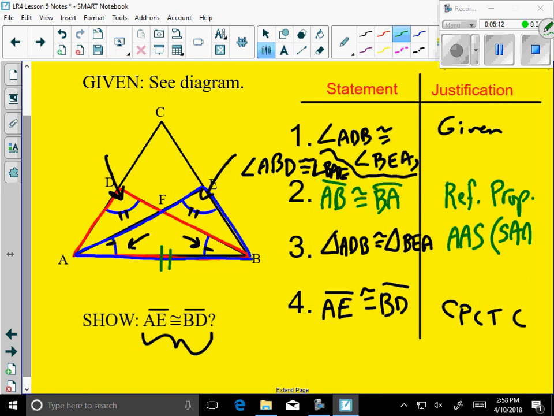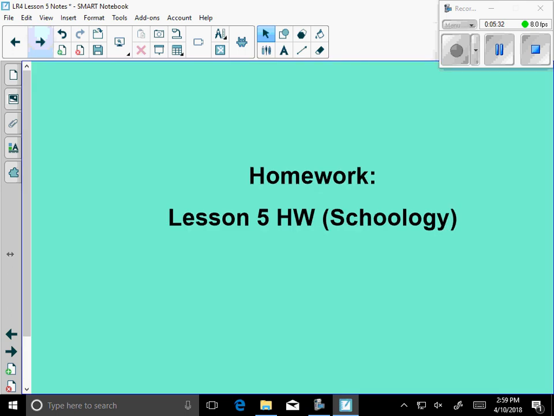If you wrote side, angle, angle, that's fine as well. Our parts, AE and BD, would have to be congruent. So AE would have to be congruent to BD because they're part of triangles that are congruent to each other. CPCTC. Have a great day. Talk to you later.